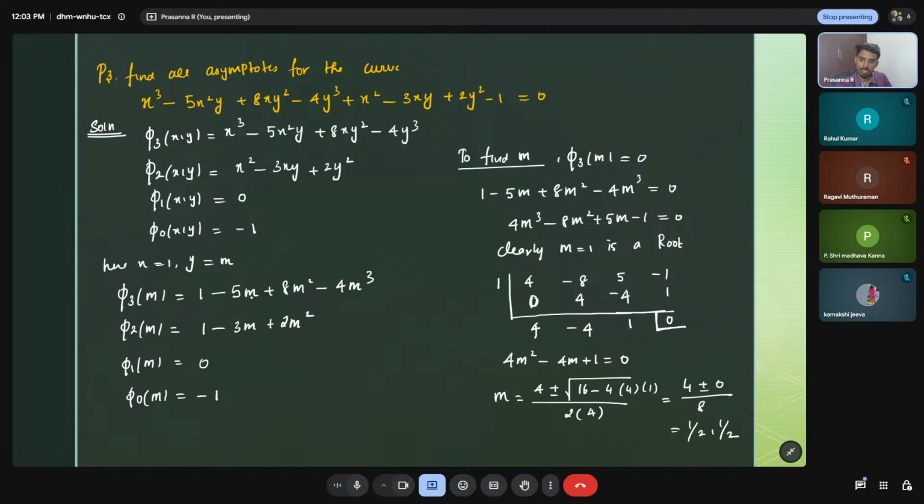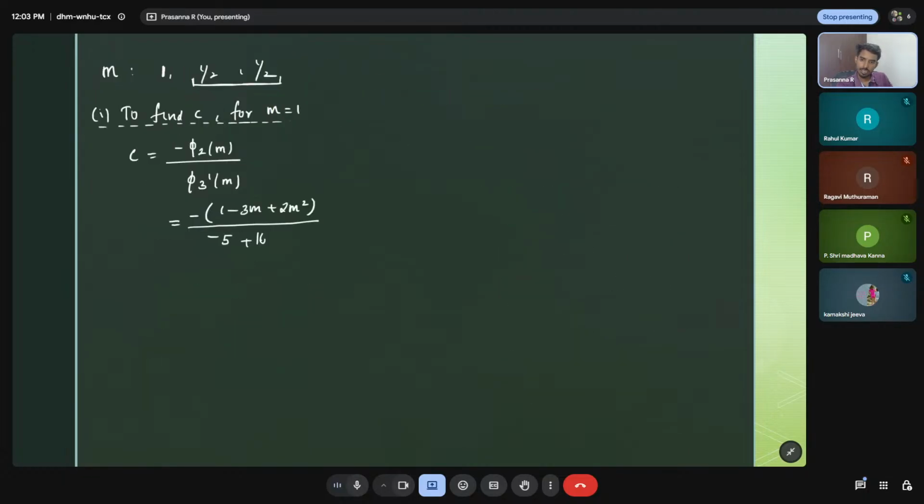So phi3 dash of m is minus 5 plus 16m minus 12m square, right? Now we need to put m is equal to 1: minus 3 plus 2 divided by minus 5 plus 16 minus 12.